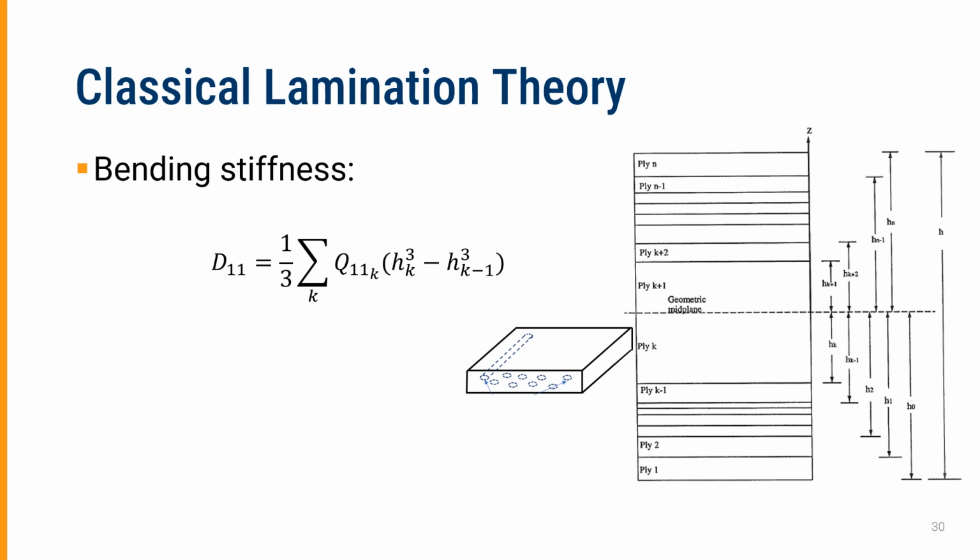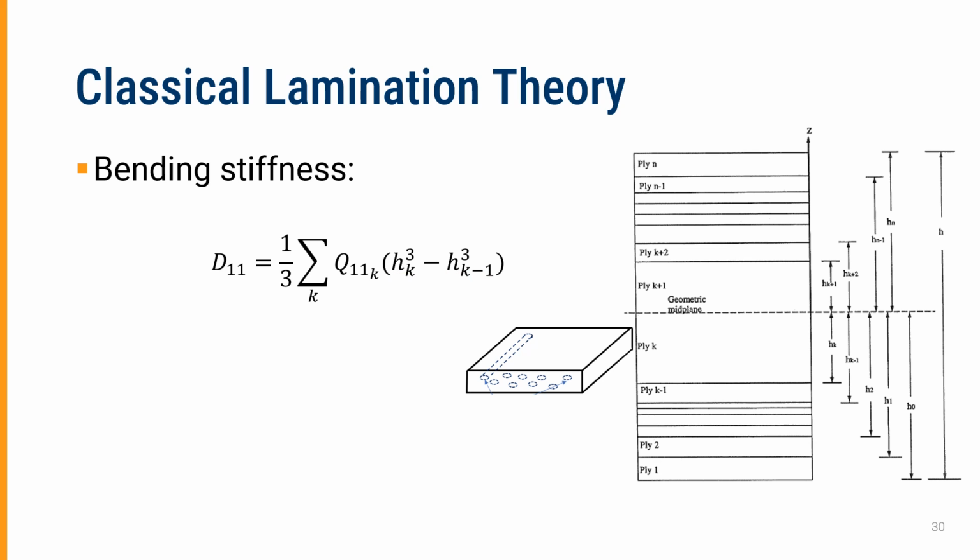This slide shows how the bending stiffness is developed, and it works quite differently because it's influenced by the distance of the layer from the midplane, as well as by the cube of the thickness.